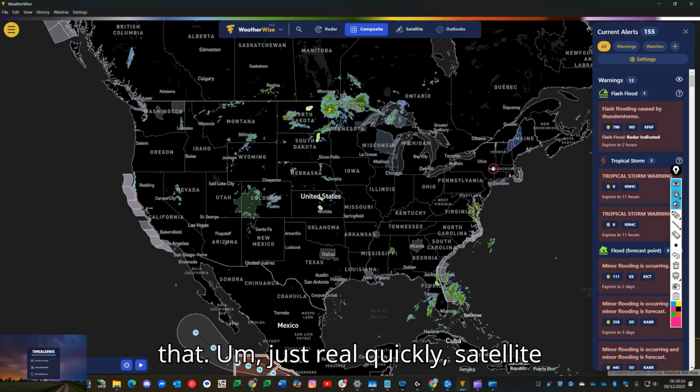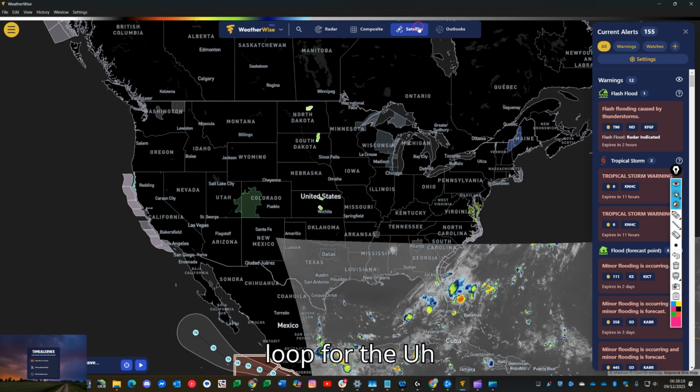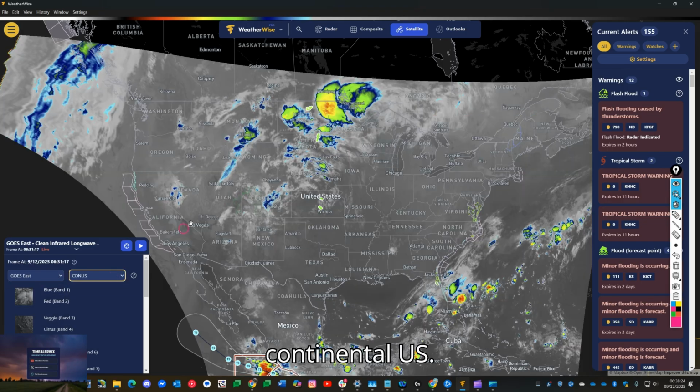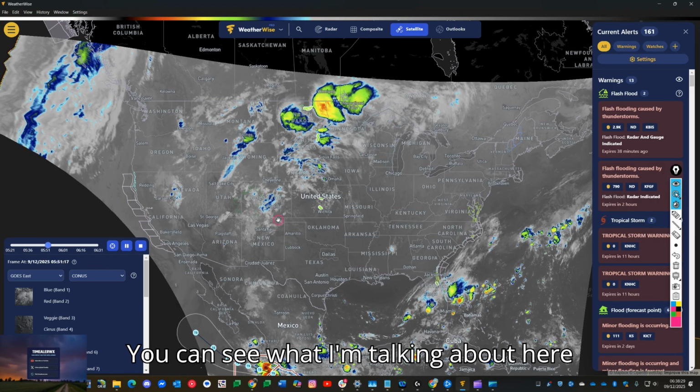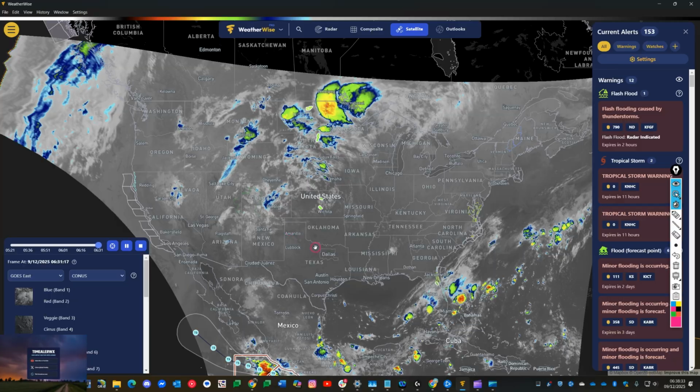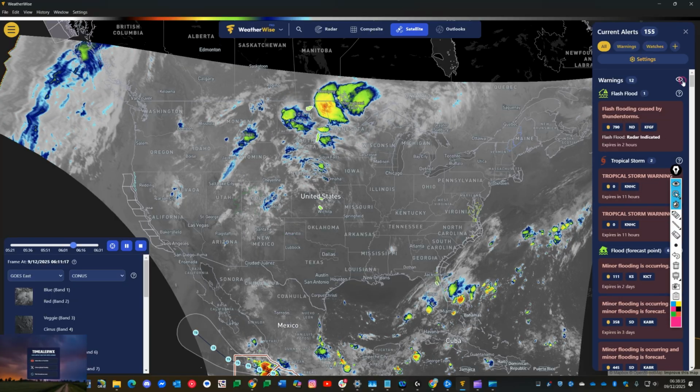So that's it for that. Just real quickly, satellite loop for the continental US. You can see what I'm talking about here with the most convection. Moving to the north here.